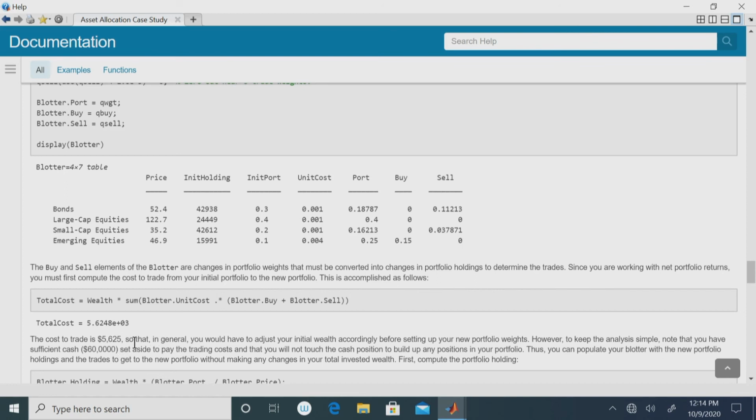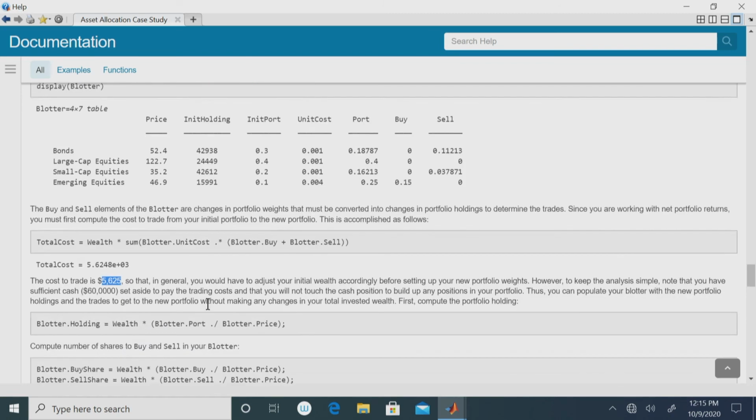But one does not need to worry about that, because you remember that you had kept sufficient cash, namely $60,000 initially. So, this is $60,000 in addition to the 7.5 million that we had initially set up. This sufficient cash holding of $60,000 is more than enough to cover this transaction cost, because the transaction cost is 5,625, which is obviously much less than the 60,000, the maximum amount of cash available to you for the transaction cost.